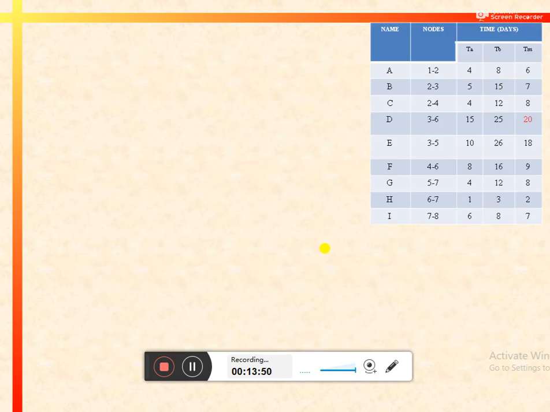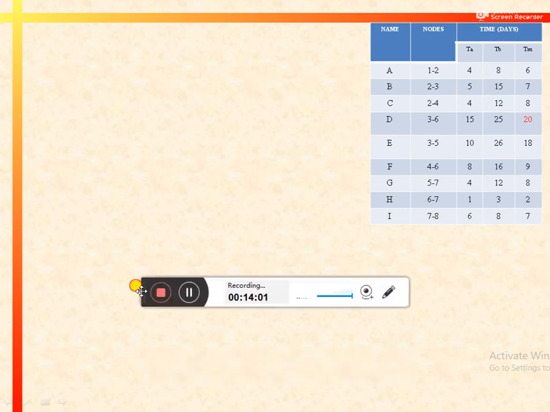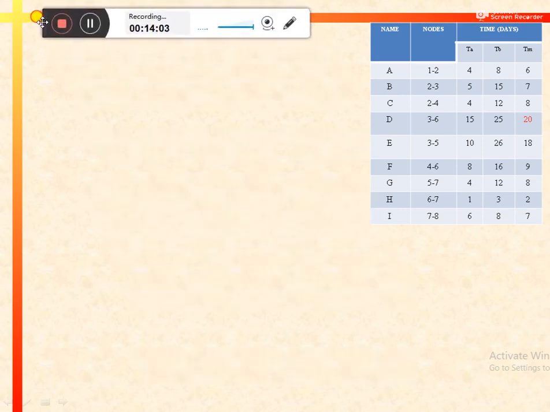So in the process of finding the critical path for this project, first of all, we need to draw the network with the help of the given information in this table. And for that purpose, we need to start with the initial activity of the project, that is activity A. So activity A would start from node 1 of the network.